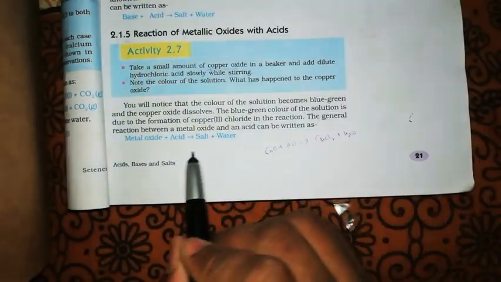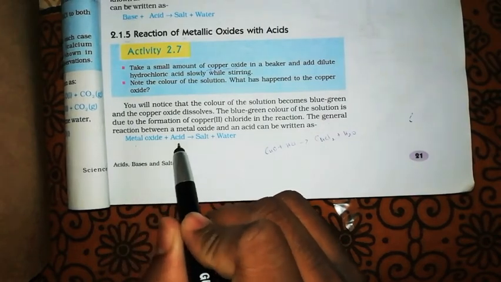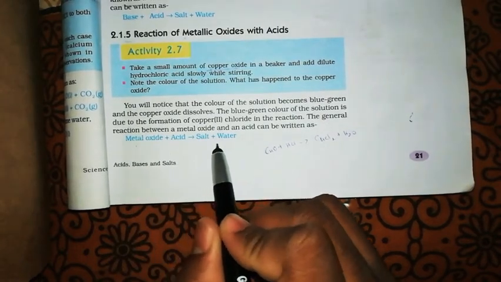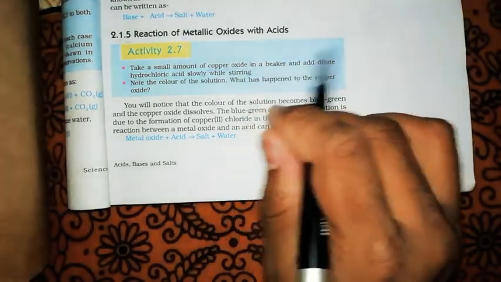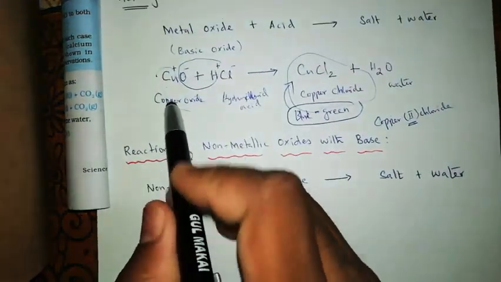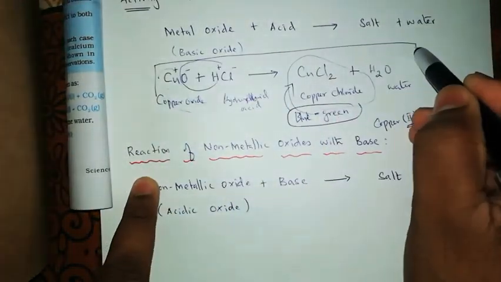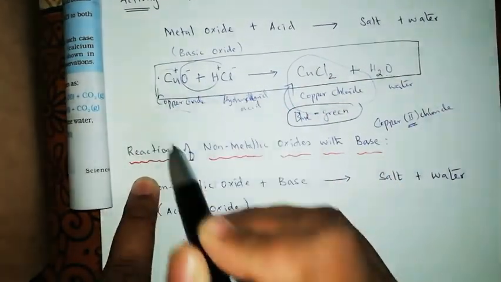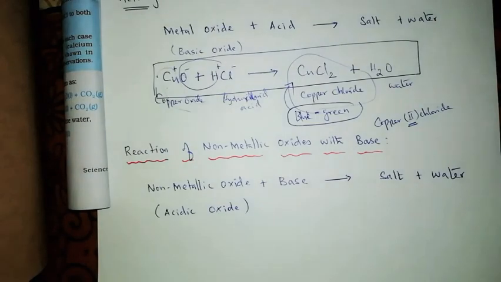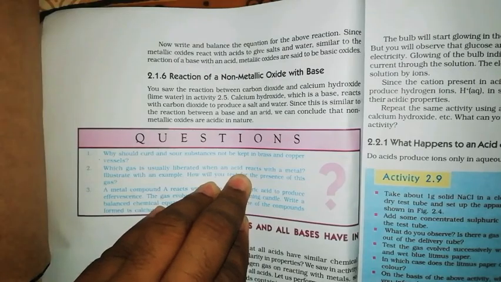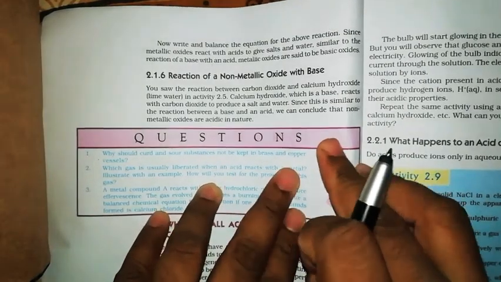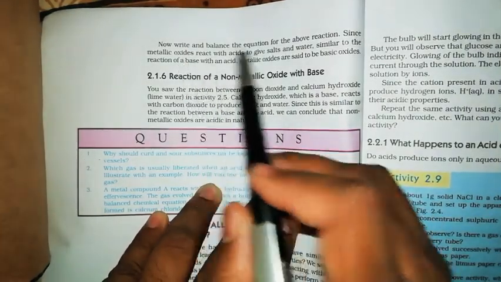So I want you to look at this. Metallic oxide reacts with acid to give salt and water. And the equation is not given in your book. I want you to take a note of this equation which I have written here. Now turn to page 22 and look here.